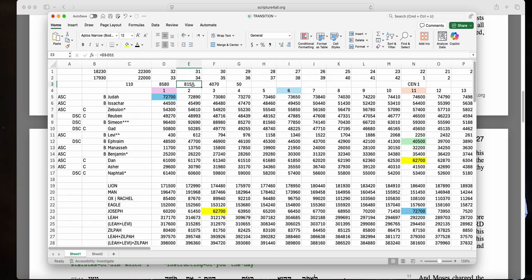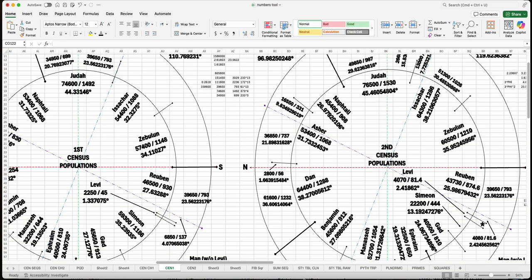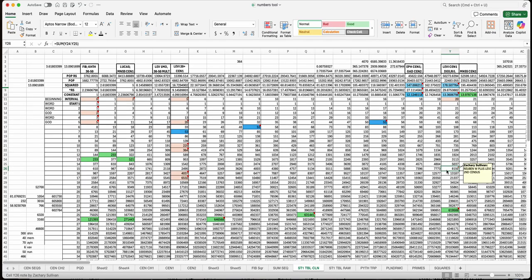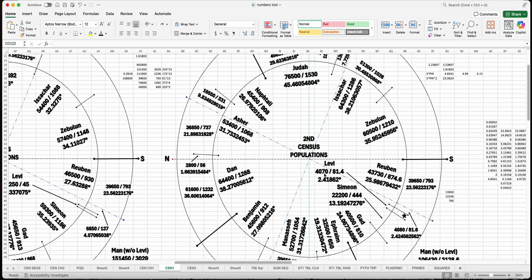And then again with this 8150, I don't know if anybody's looked at my videos on these clean tables for a 20 to 1. Remember, a 5 to 1 becomes 11.5, but a 20 to 1 will produce an 8150 right here, strangely enough. And we see that 8150 is also going to be, if we add together 4070 and our Reuben West bifurcation right here, 4080, that's going to be 8150.